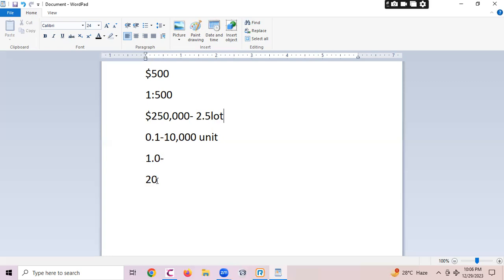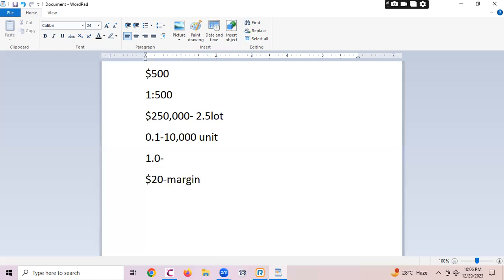That would be 20. 20 times 500 will give you 10,000. You could also divide the 10,000 units by 500. That will give you 20. So when you execute a trade with 0.1, $20 will be deducted as the margin from your balance. So this $20 will be the margin, and that will be deducted from your $500.